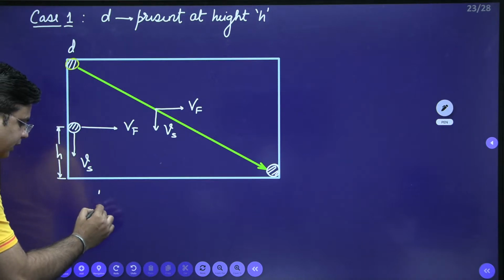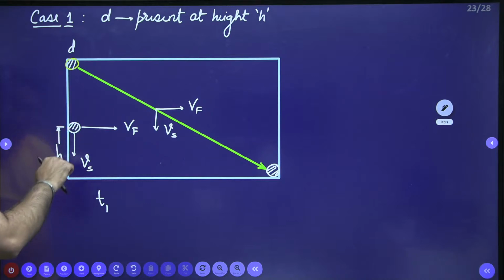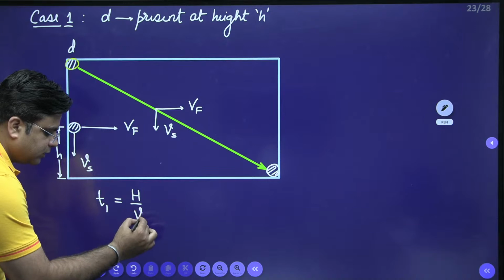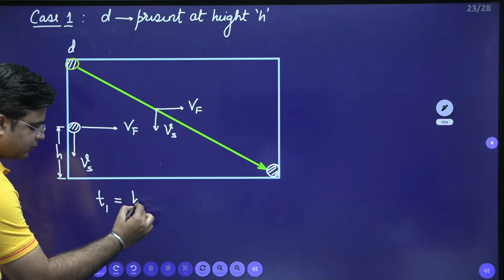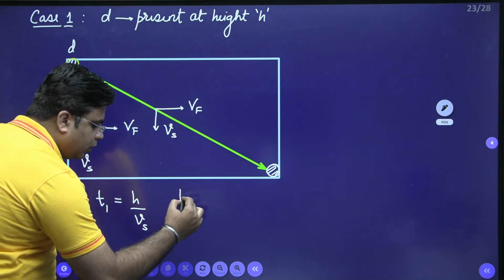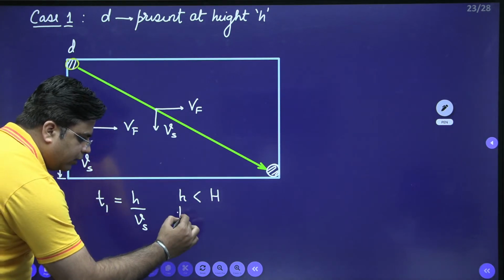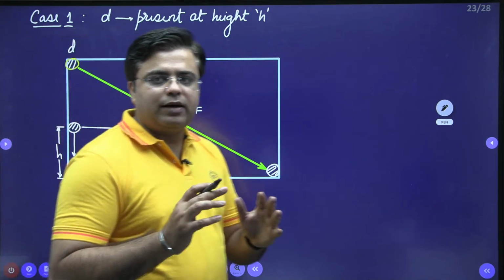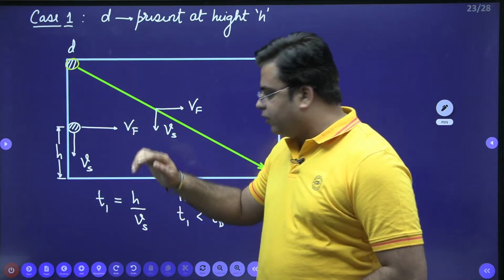So the time taken by this particle is T1, which is small h by Vs. Now we know that small h is less than capital H, so T1 will be less than Td. It means whatever time is available to this solid, in lesser time it will reach the bottom of the tank.